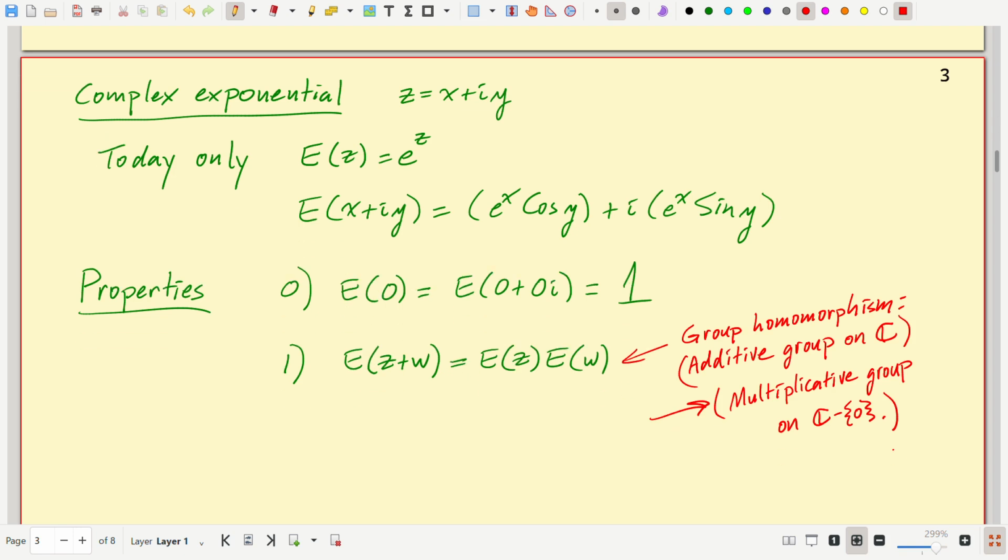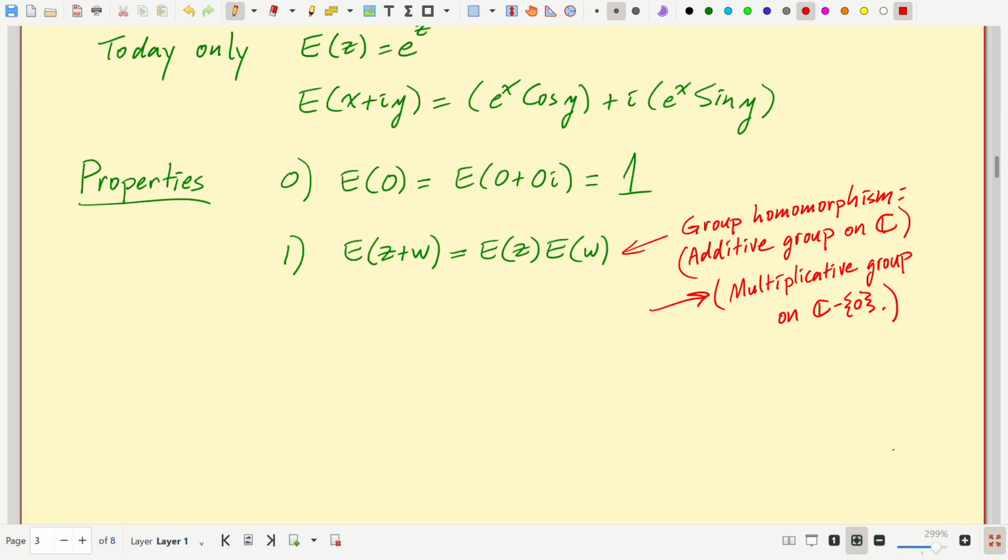Once you play around with this number 1, then it's easy to get a number 2 here. 1 is e of 0, and of course, that's e of z minus z.